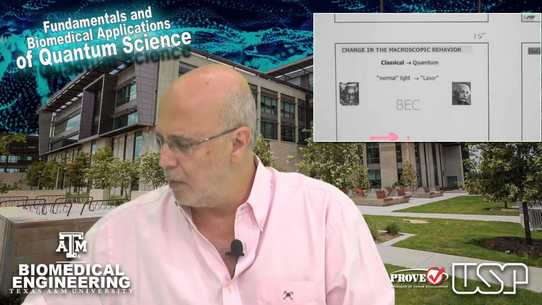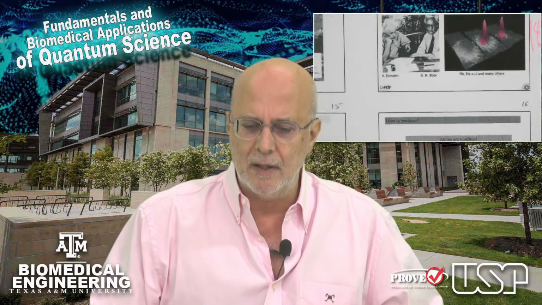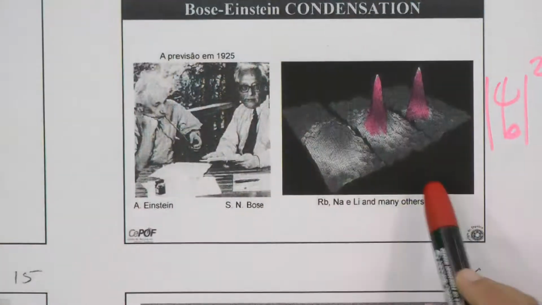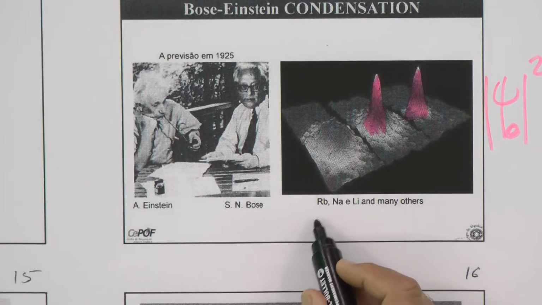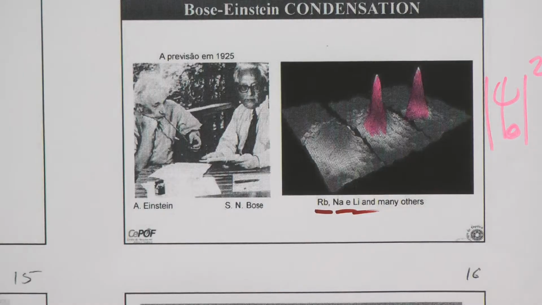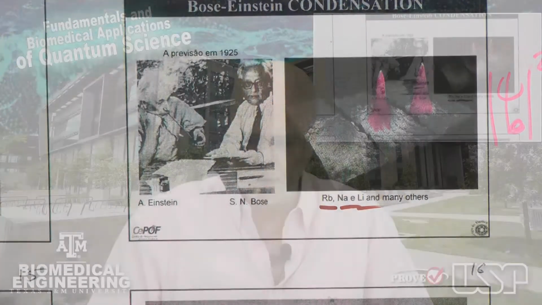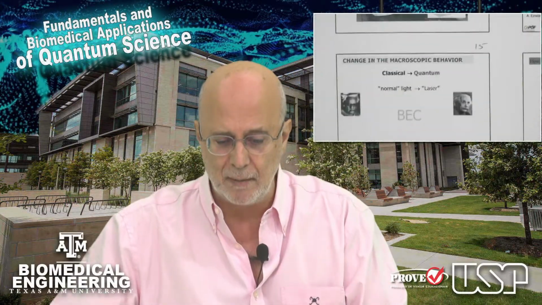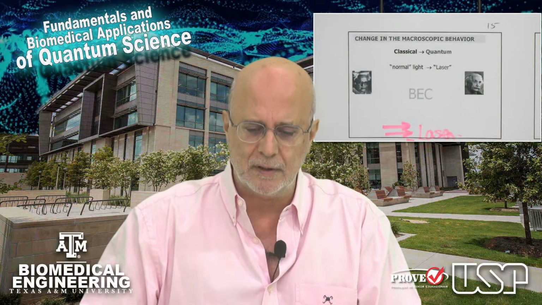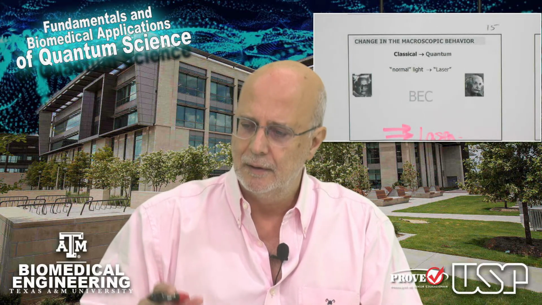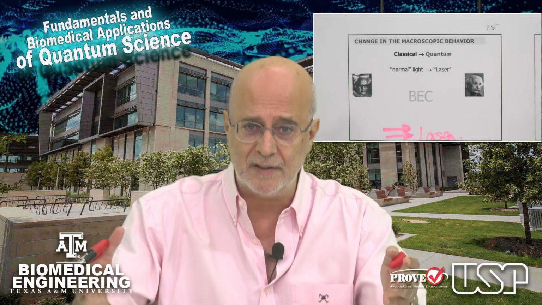Now I do the same with a gas. And this experiment was done in many different atoms, rubidium, sodium, lithium, and many others so far. Each time we do, we learn to understand even better the quantum behavior of this system.